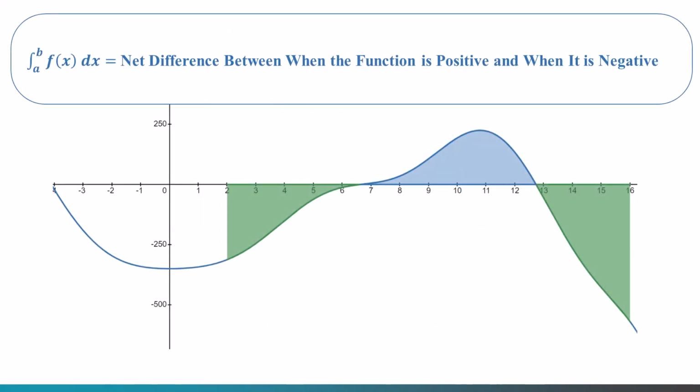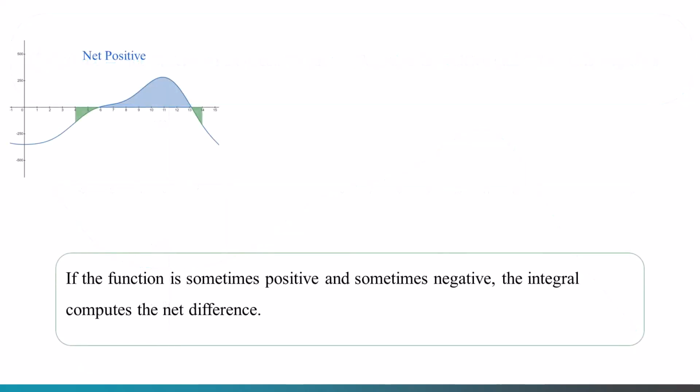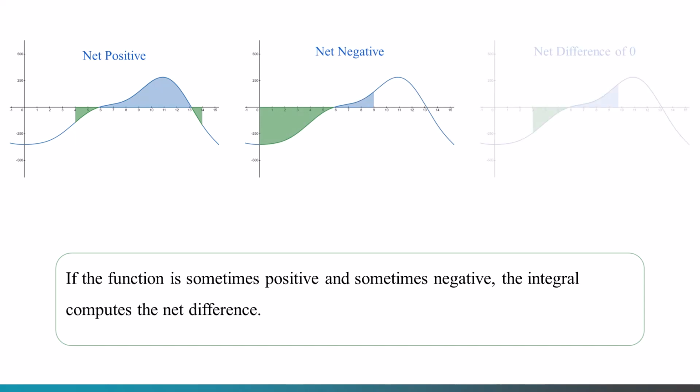If the function is sometimes positive and sometimes negative, the integral computes the net difference. That is, if the area above the x-axis is greater than the area below it, we will get a positive value. If the area below the x-axis is greater than the area above it, we will get a negative value. And if the area above and below the x-axis is the same, we will get a value of 0, indicating a net difference of 0.